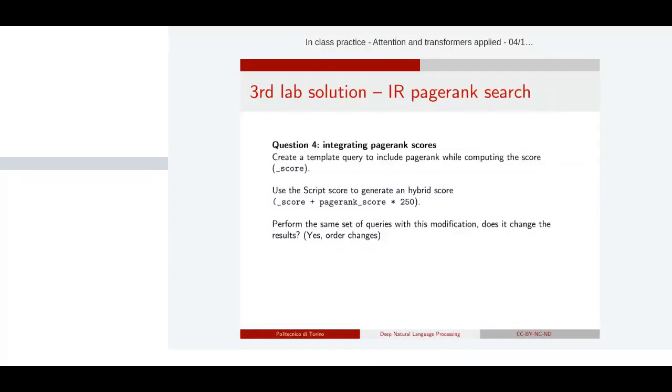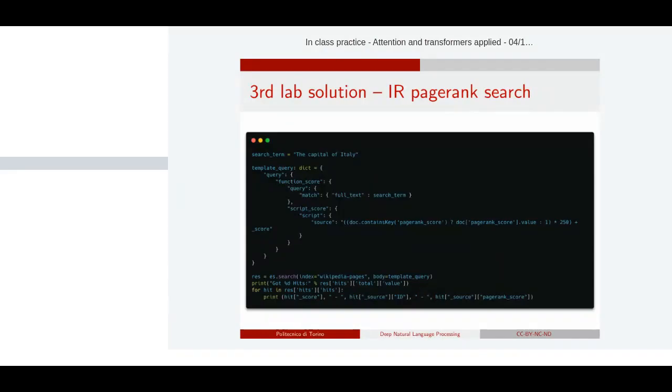If you perform the same operation, does it change the results? Yes, the order actually changes. In that case, we have a search term that is the capital of Italy. We can create a custom query request; the template for this was linked on the Google Colab.